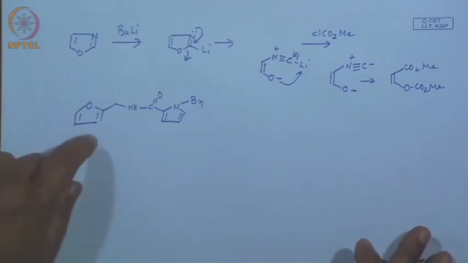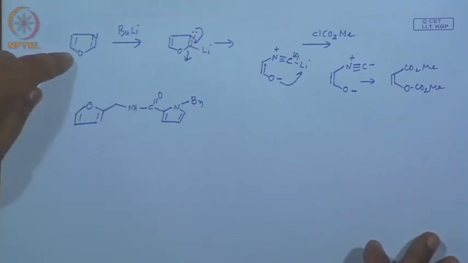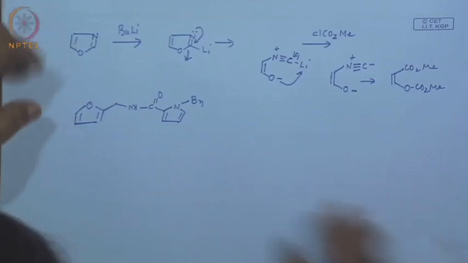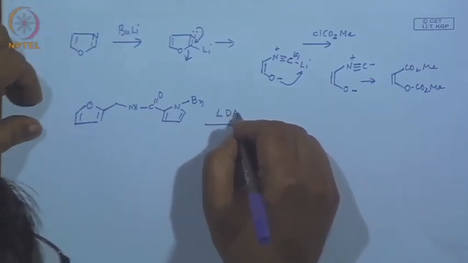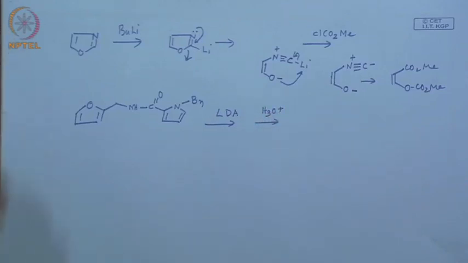Now, you have a furan nucleus, you have a pyrrole nucleus, you have learned all these lithiations. The previous one was the oxazole, and the one before that was imidazole. Now we will have a reaction with LDA and then this.